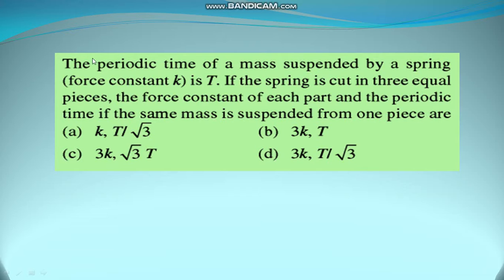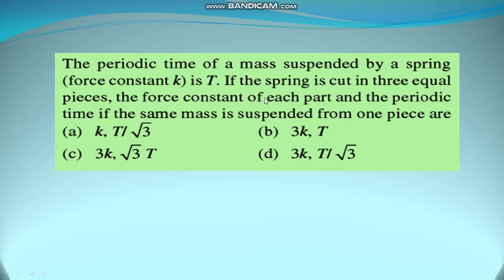See, third question. The periodic time of a mass suspended by a spring, spring constant K, is T. If the spring is cut into 3 equal parts, the force constant of each part, and the periodic time if the same mass is suspended from one piece.